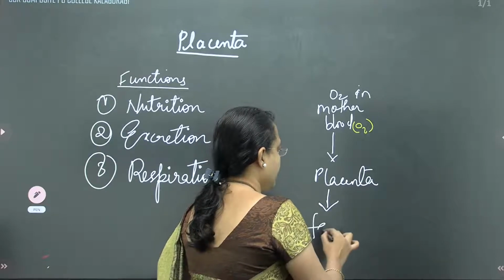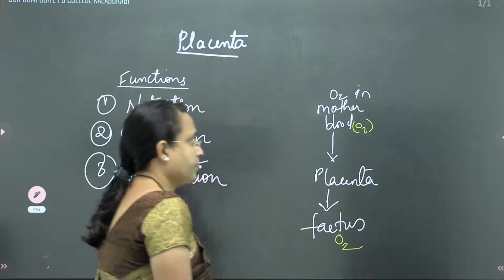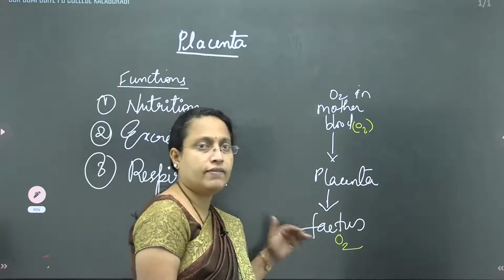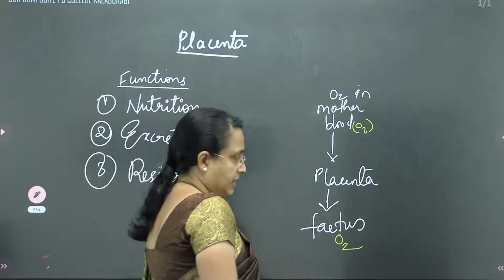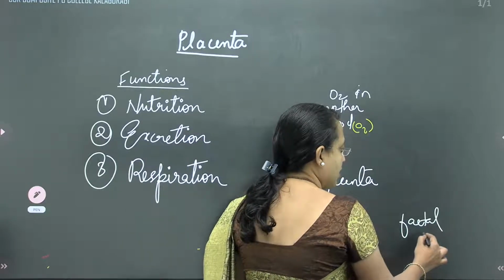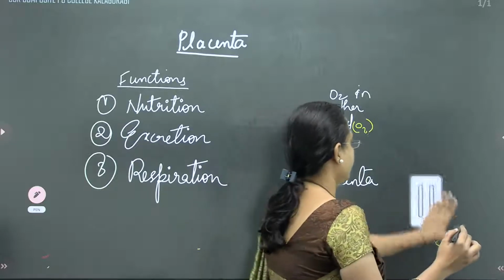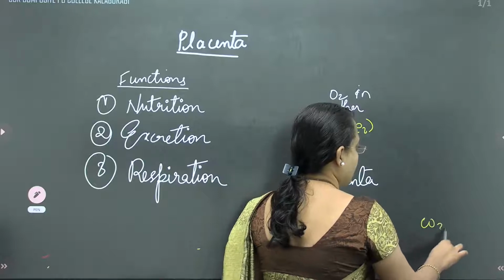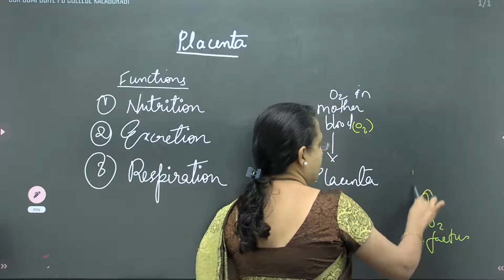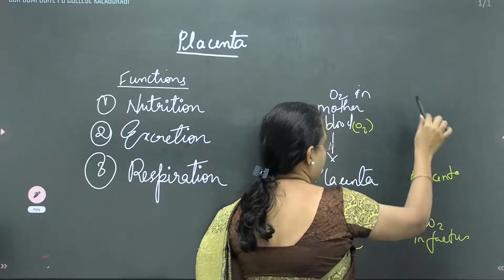And finally, O2 is going to reach the fetus. O2 in the mother's blood through the placenta will reach the fetus. The opposite is fetal CO2: the CO2 present in the fetus is going to reach, through the placenta, the mother's blood.